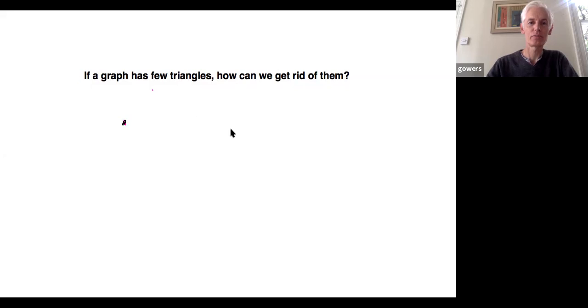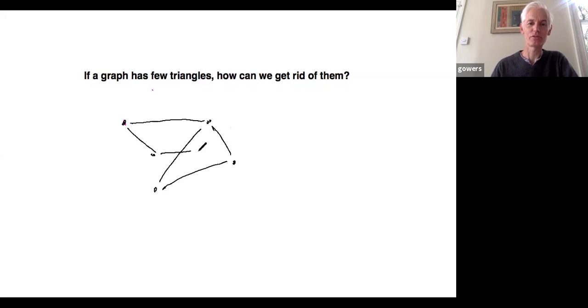Right, here are a few points. And we join those points with lines, and those lines are called edges.